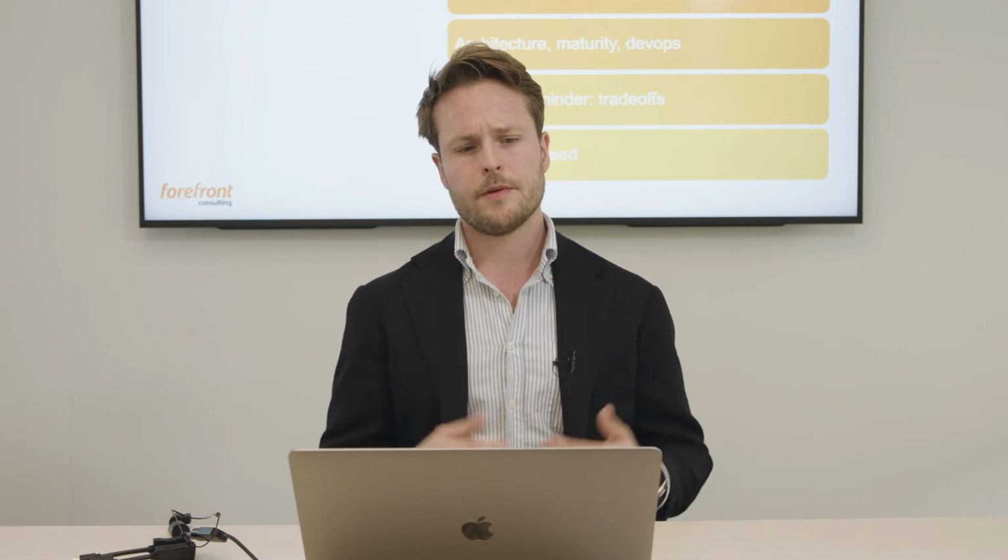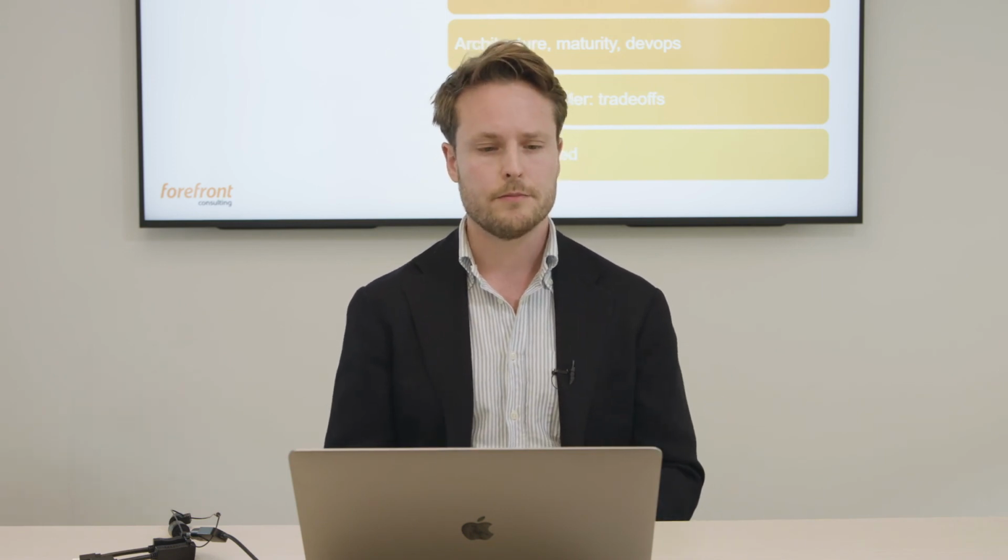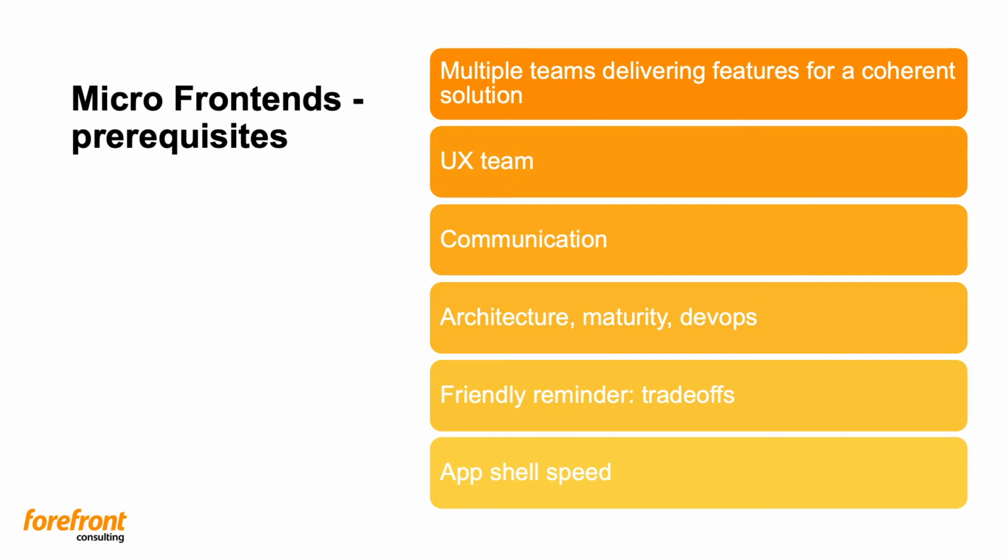And so, wrapping this up, there are a few prerequisites to be able to make micro frontends work. This is something that works well for some kinds of problems and not so well for others. The main one is starting out with multiple teams developing features for one coherent solution. You are probably going to need a UX team as well to make sure that everything works in a coherent way, not only user experience-wise, but also main features like components and flows and so on.